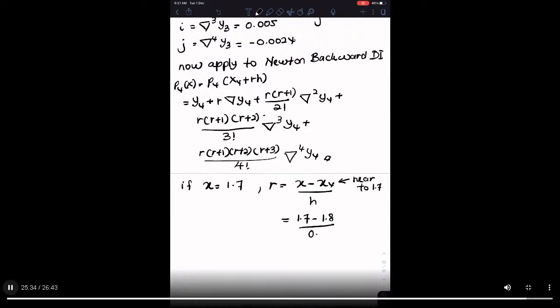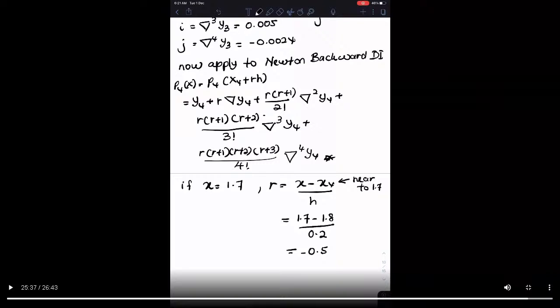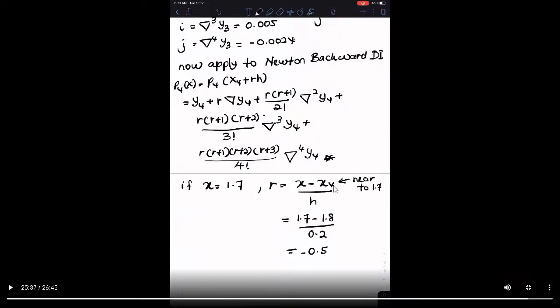So you need to find R first. 1.7 minus 1.8, because the x4 close to 1.7 is 1.8, divided by h 0.2, is negative 0.5. So you choose x4 near to 1.8.